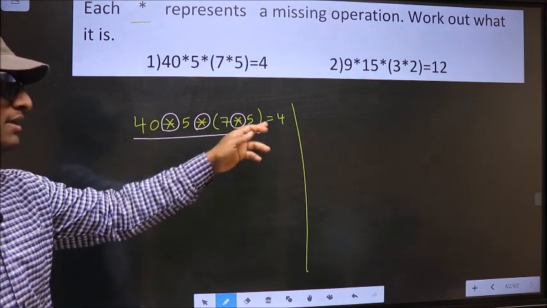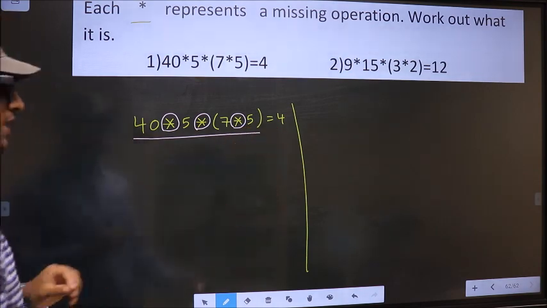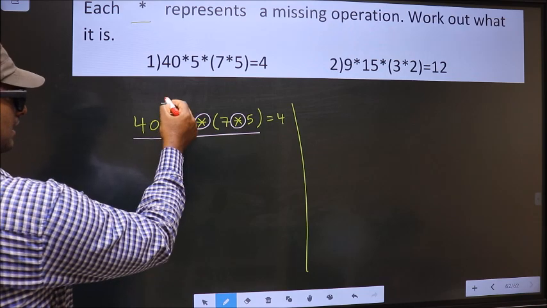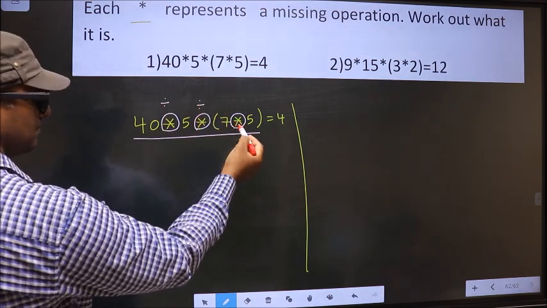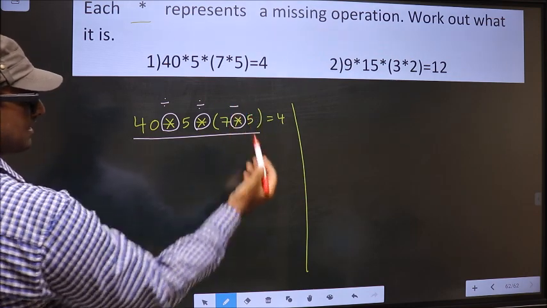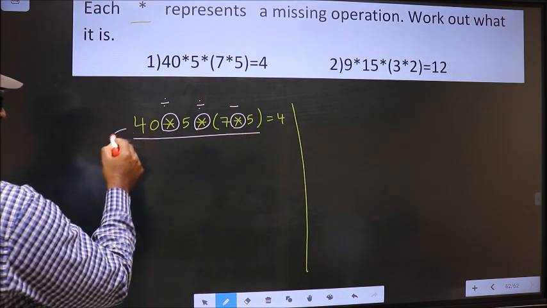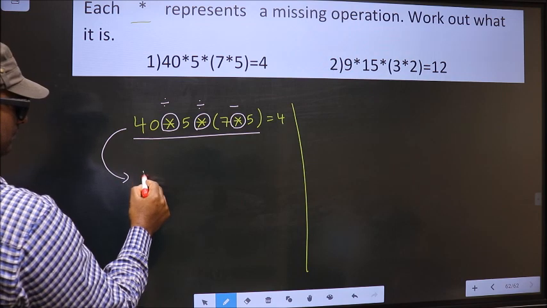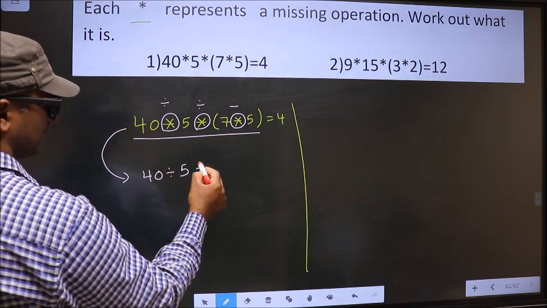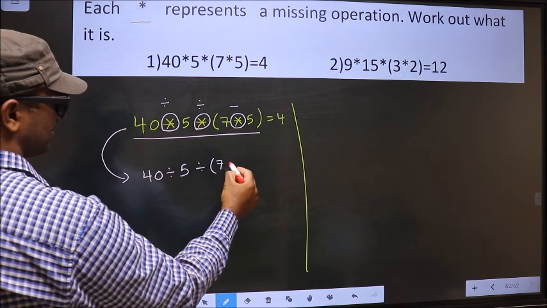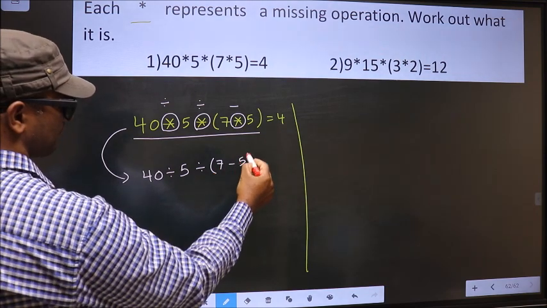To get the result 4, we should replace this by division symbol, even this also by division symbol and this by subtraction symbol. Now this will change to 40 divided by 5 divided by 7 minus 5.